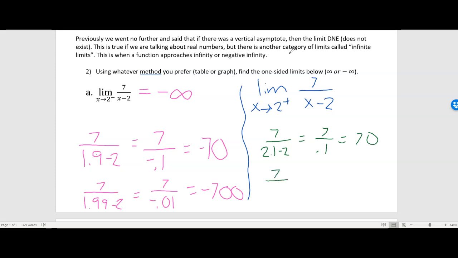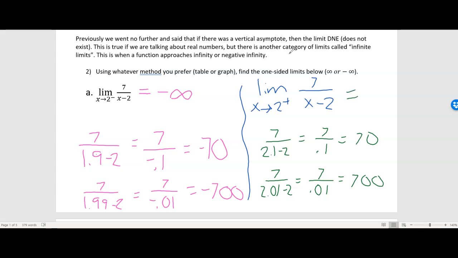If I moved a little bit closer to 2, so 2.01, that gives me 7 divided by 0.01, which would give me 700. Right? As I get closer to 2 from the positive side, the numbers are approaching positive infinity.